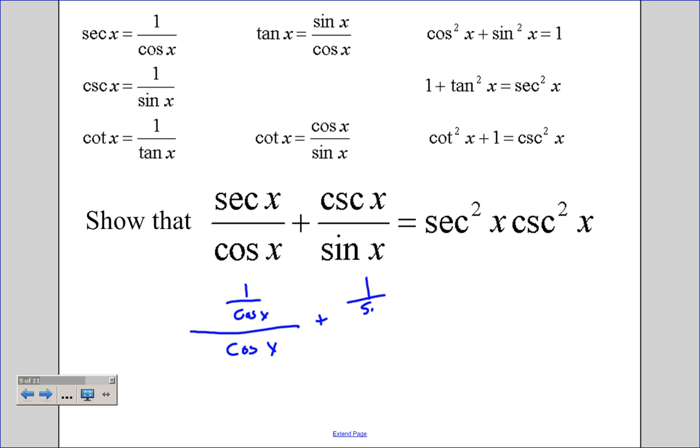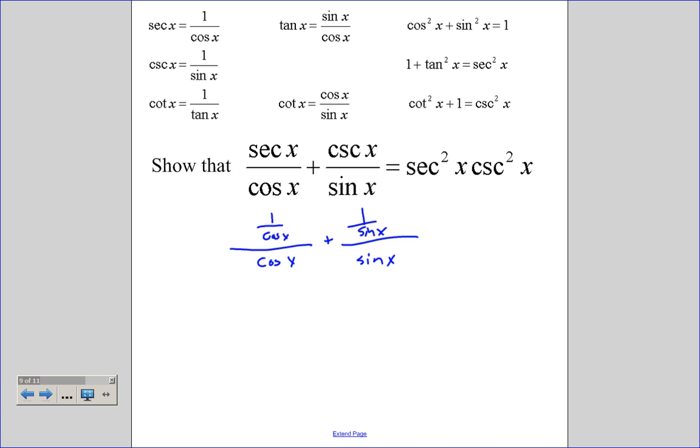Cosecant is 1 over sine of x. So when we divide these, that's like saying 1 over cosine of x divided by cosine of x over 1 plus 1 over sine of x divided by sine of x over 1.